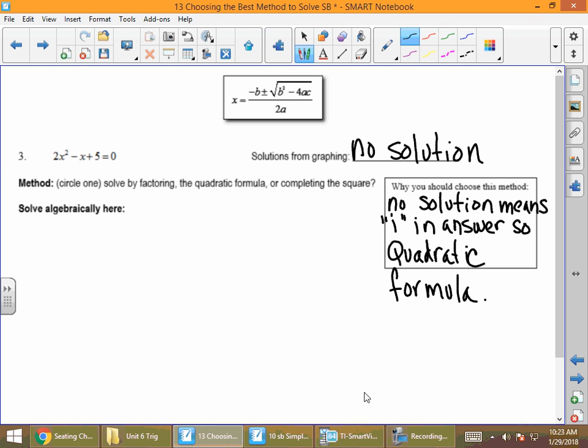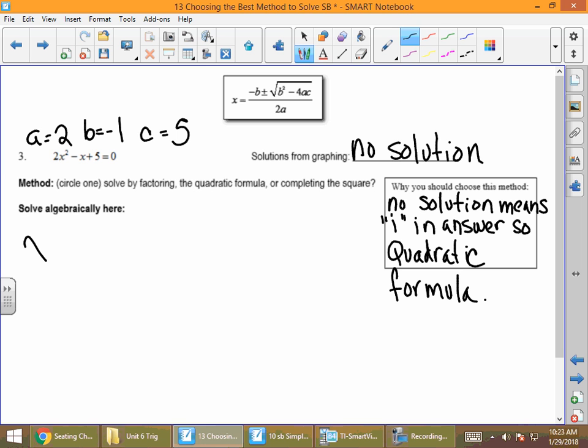As we take a look at this one, I recommend that you label the fact that a is 2, b is negative 1. And if there's going to be something that you miss on this, it's going to be there because the 1's not written, so it's out of sight, out of mind. c is 5. And the quadratic formula is right here on the screen for us to see, and we can fill it in.